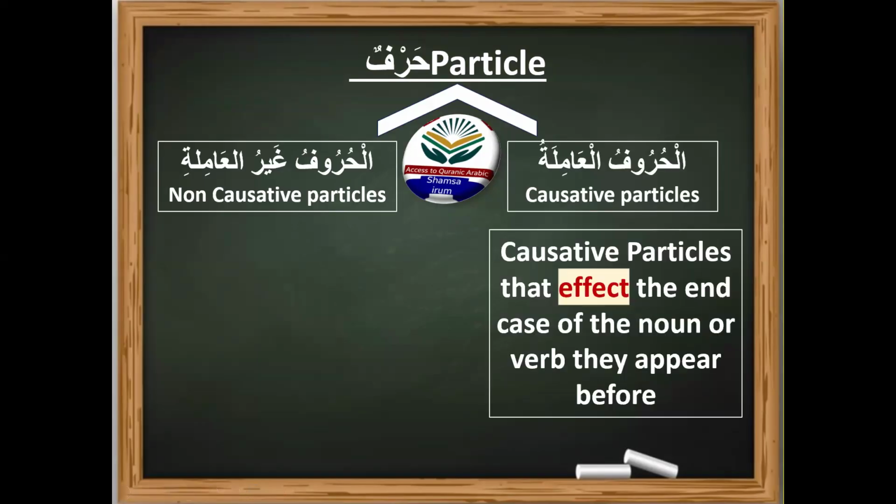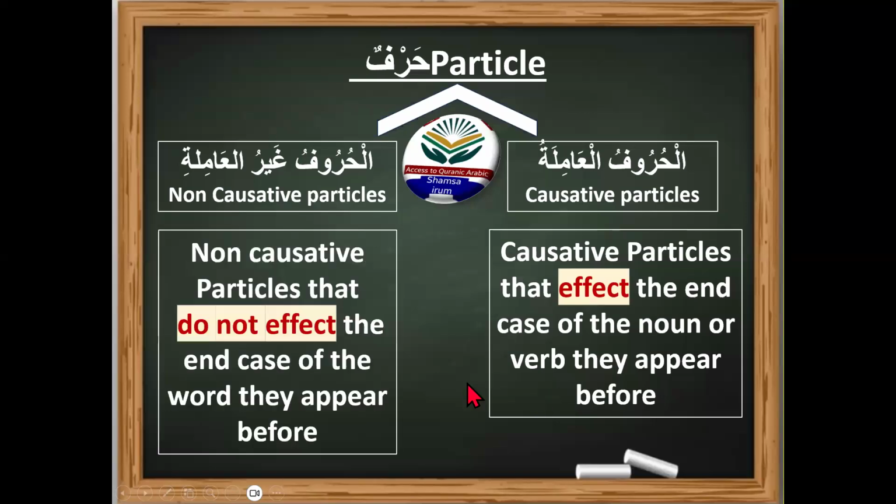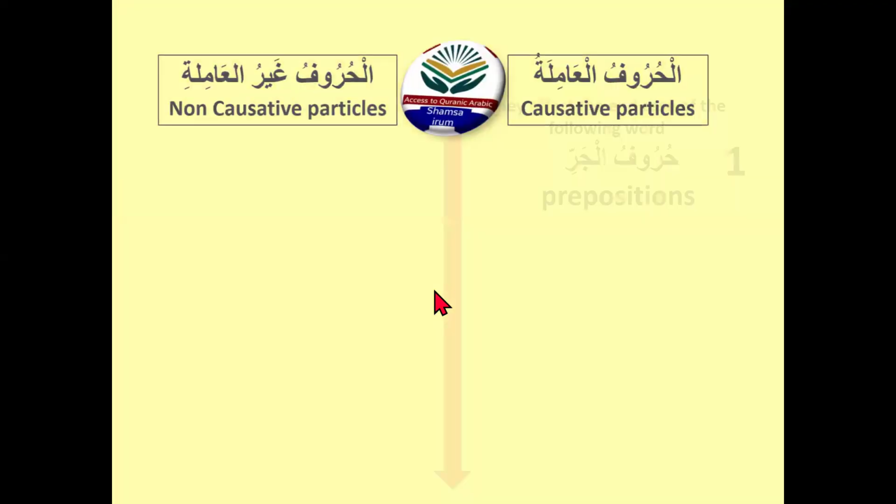Causative particles affect the end case of the noun or verb they appear before. On the other hand, non-causative particles do not affect the end case of the word they appear before. So let's see whether conjunctions are causative or non-causative. Let's move to the next slide.